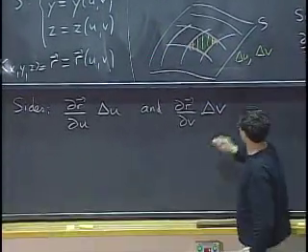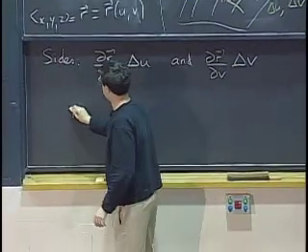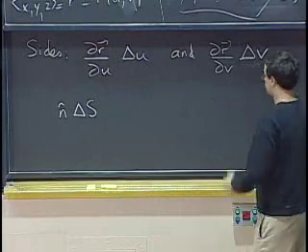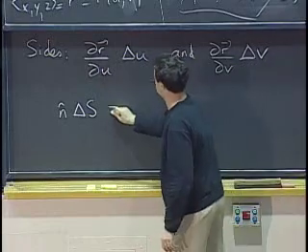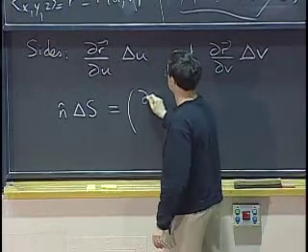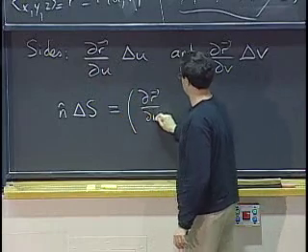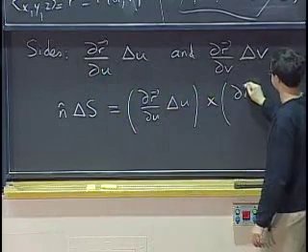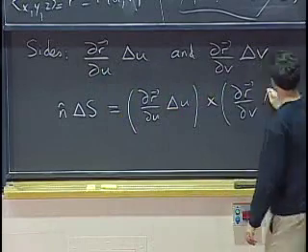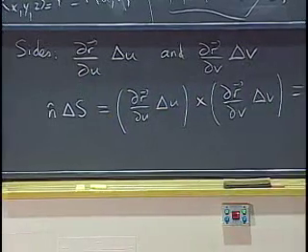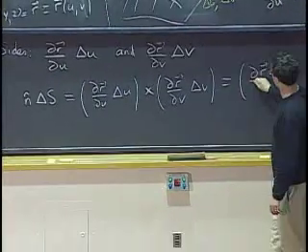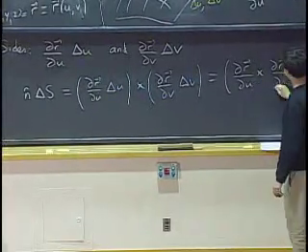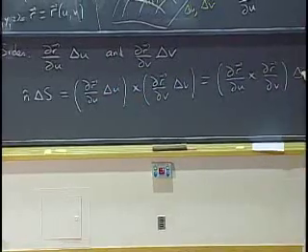So now, to find the surface element together with a normal vector, I would just take the cross product between these guys. So if you prefer, that's the cross product of partial r, partial u with partial r, partial v, delta u, delta v.